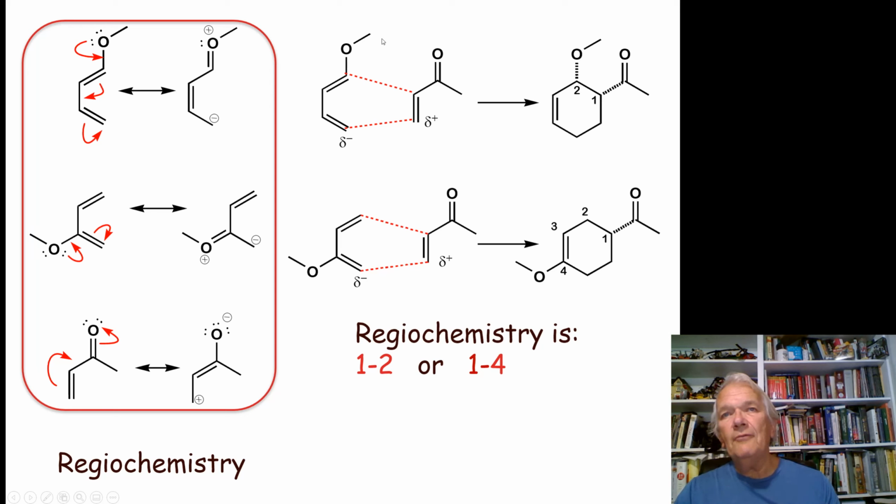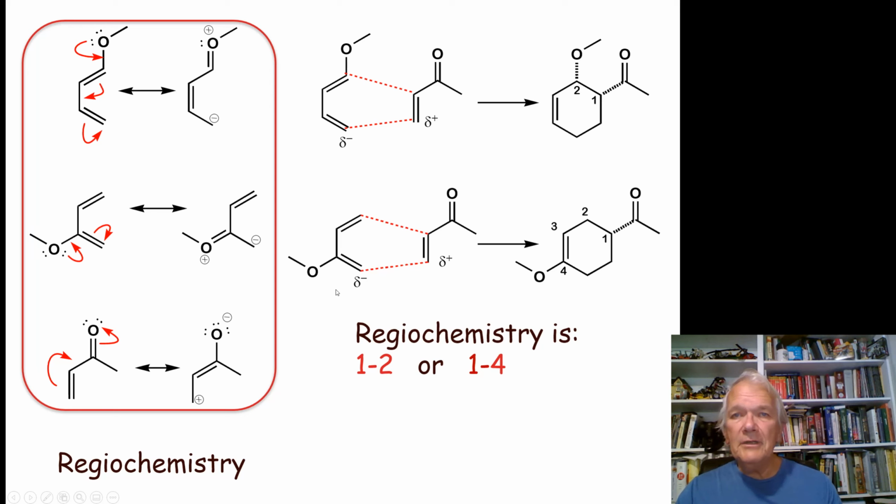But if you have one substituent in one position and then another one in the 3 position, then they would both dump a negative charge into this carbon, and that would be great. So 2 donor groups, one at the end and one over here, would be perfect. Other patterns could be unpredictable. But if you can do it, 1,2 and 1,4 is the relationship between the electron donating groups and the electron withdrawing groups.